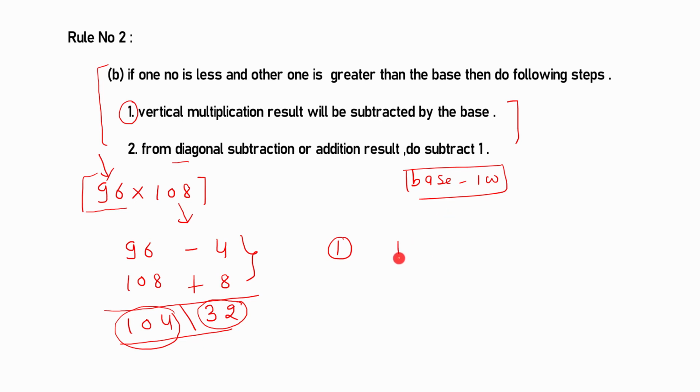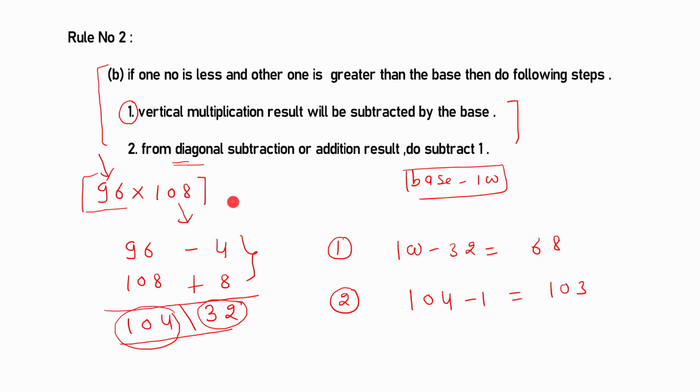Base is 100, so 100 minus 32 comes out to be 68. Second step is diagonal result minus 1. So 104 minus 1 comes out to be 103.